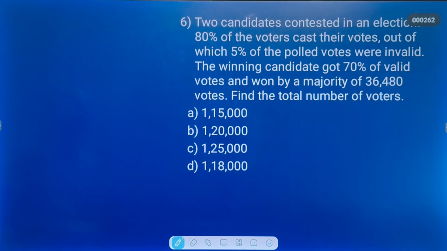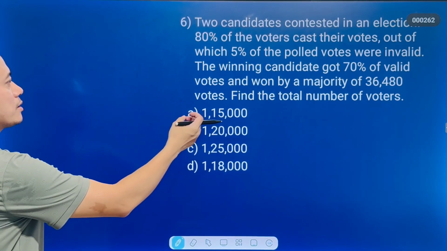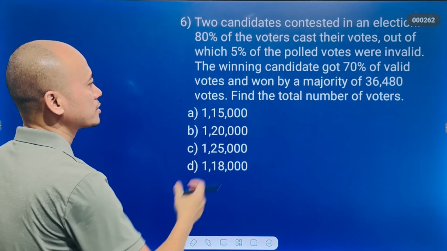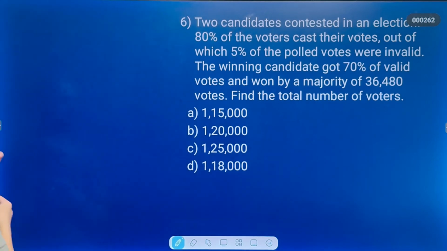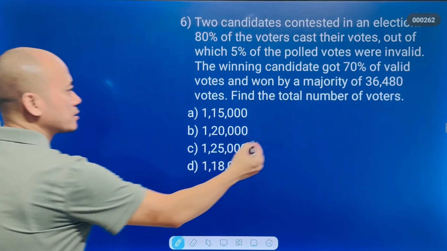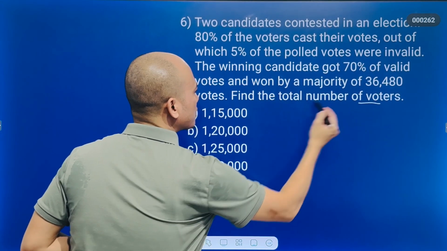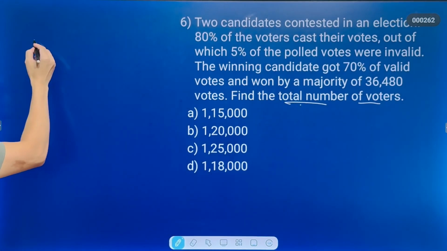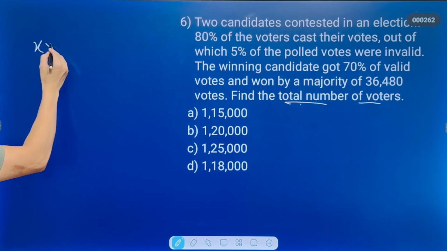So, two candidates contested in an election, 80% of the voters. Okay. You can solve it in one line, but it may be difficult to understand. So, I'll break it down and then I'll show how to do it. Suppose the total number of voters is x.